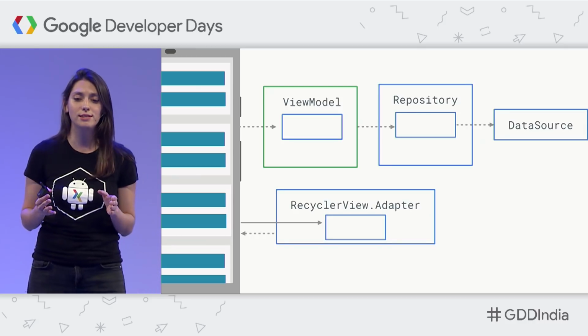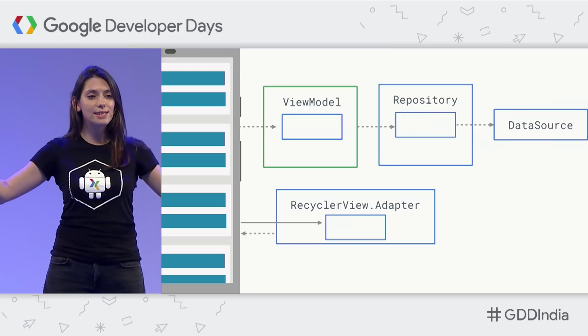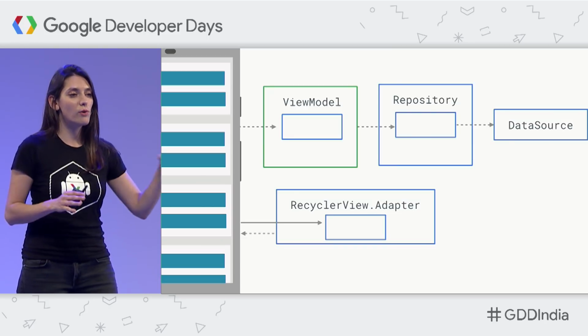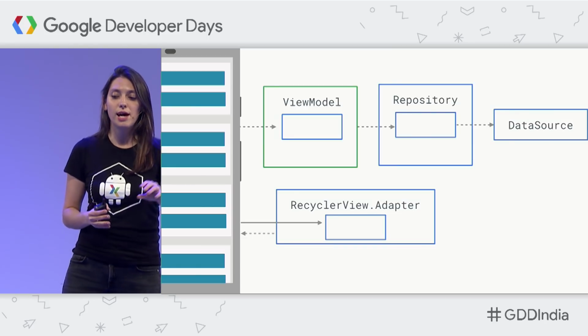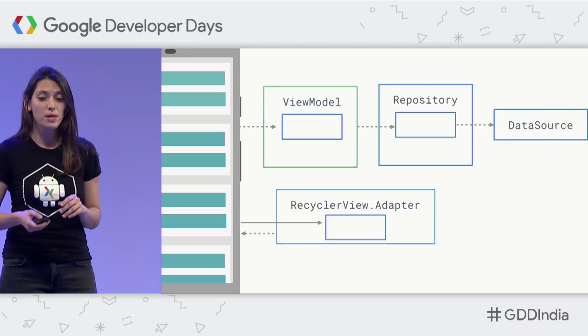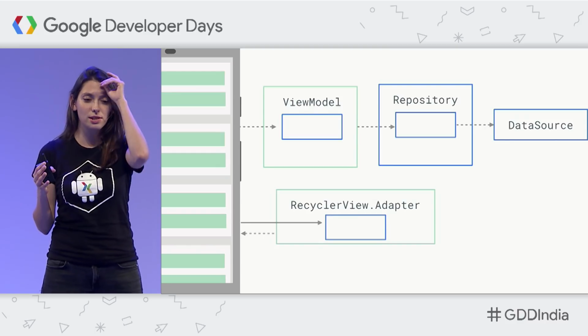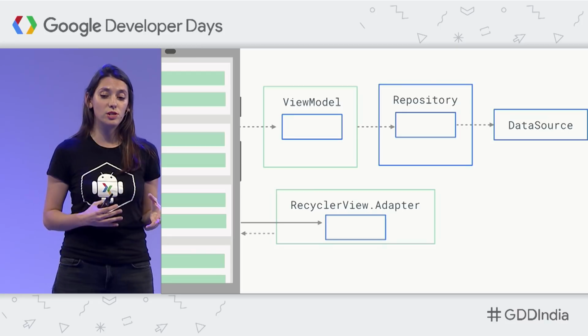So this means that the advantage of this architecture is that the data source is completely separated from the UI. And then the UI just observes the data. And we can have one data source and multiple recycler views. We can easily reuse the same UI logic, the same data source logic in different UIs.